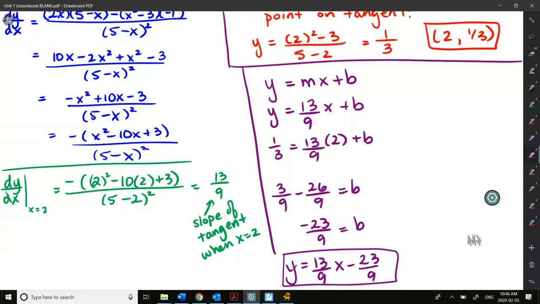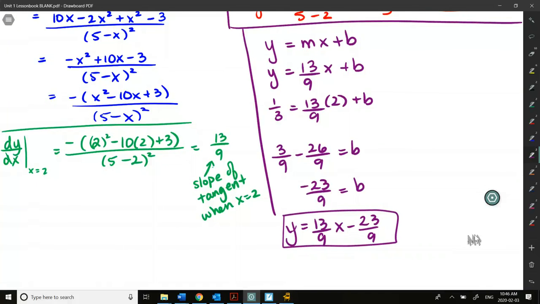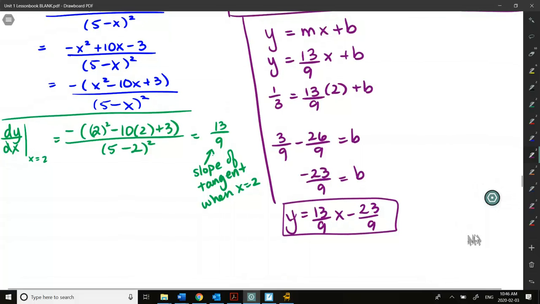Find a point on the tangent, plug that point and the slope in, and solve for b. Okay, any questions for this one?